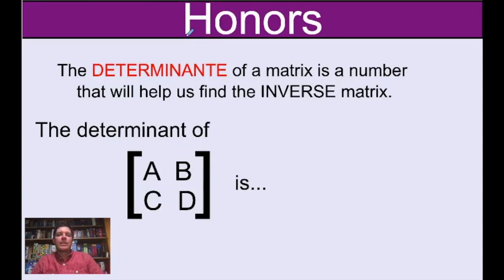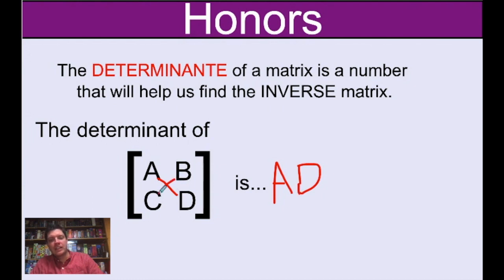Okay, so with that in mind, let me just give you the formula. A determinant is actually just going to be a single number. It's not even a matrix. It's just a number. So the determinant of the A, B, C, D matrix is this formula. You're going to multiply diagonals. So A times D would be first.